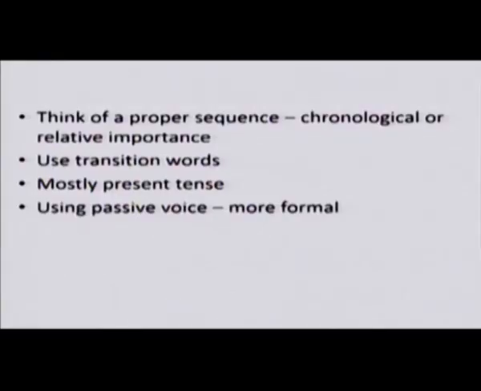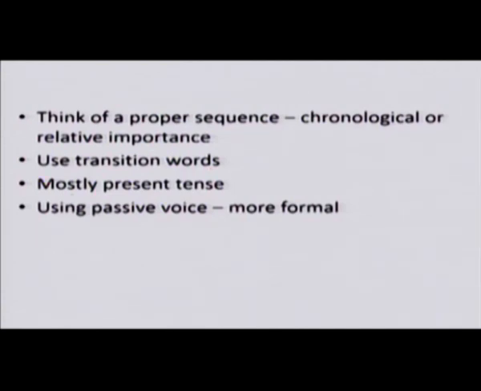If you are preparing an advisory process analysis, then you can arrange points according to relative importance. Then you need to use transition words. So, we will look at some examples.